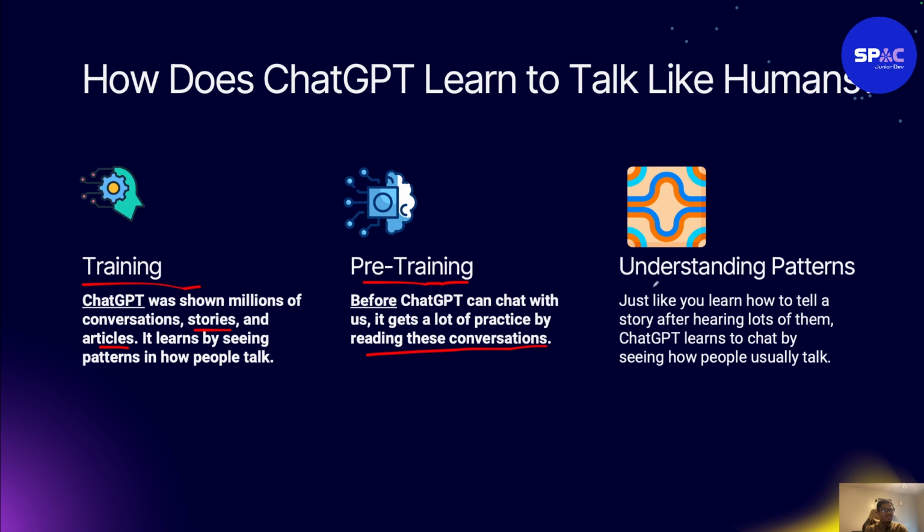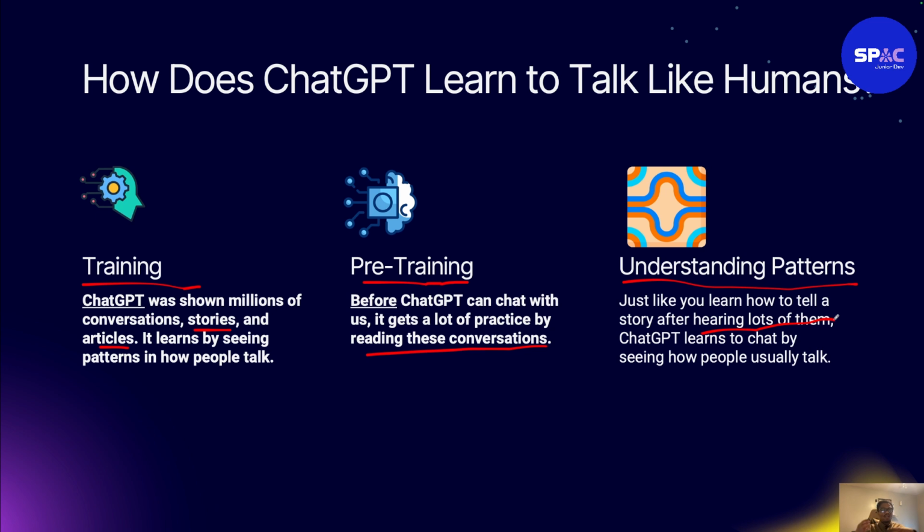It learns from data. So the last one, understanding patterns. When you give ChatGPT a model data, it has to understand the pattern, right? To see, if they ask me this kind of question, this is what I should say. If they ask me another one, based on what they've asked me before, this is what I should say, right? So it's trying to understand patterns. Okay, so just like humans learn how to tell a story after hearing a lot of them.